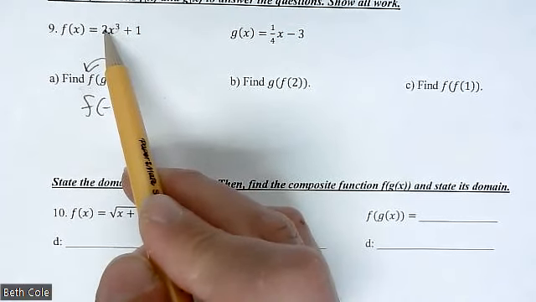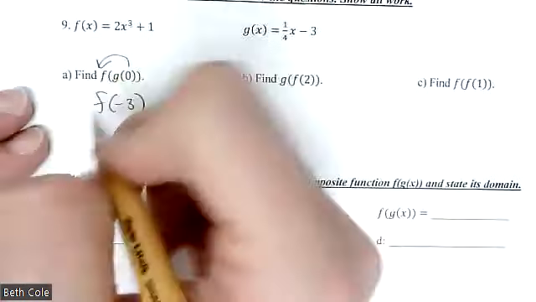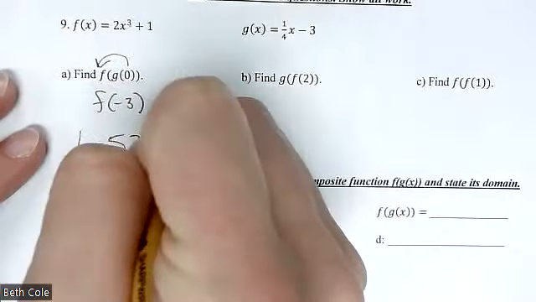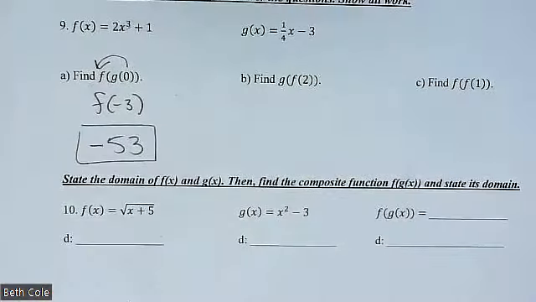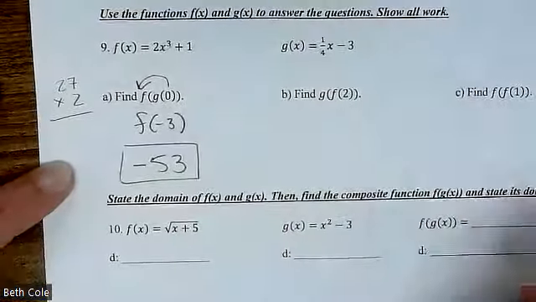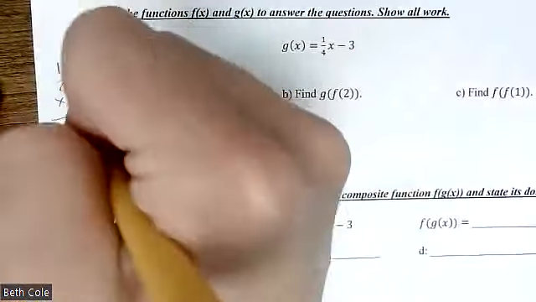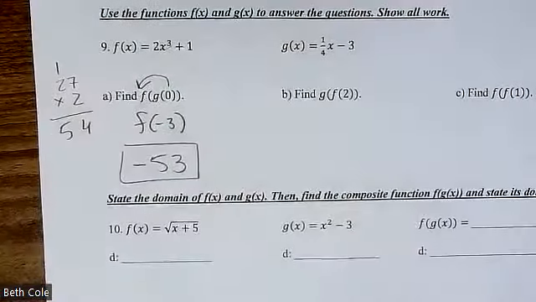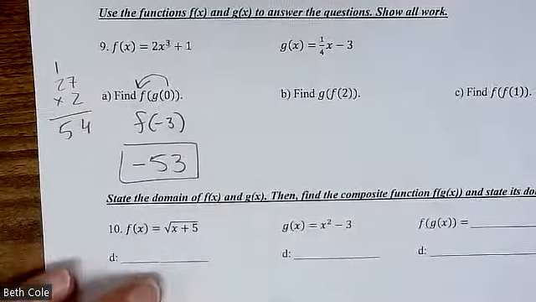Double that. -27 doubled is -54. Plus 1 is -53. All right. And if you had to do 27 doubled off to the side, like this, that is valid. I mean, you sometimes need to do that. Okay. Do a margin problem.